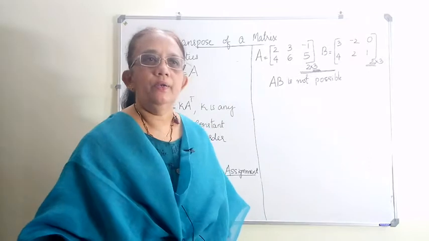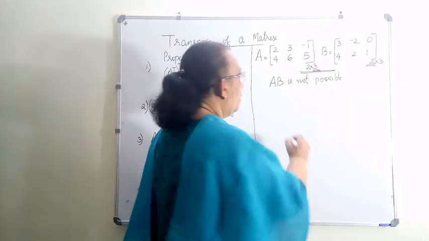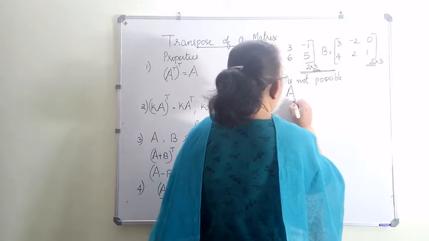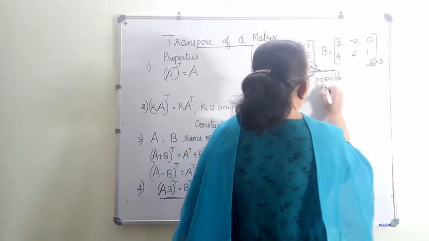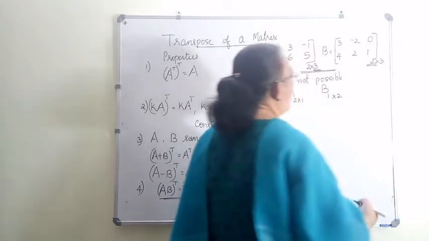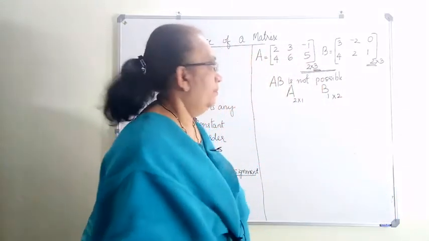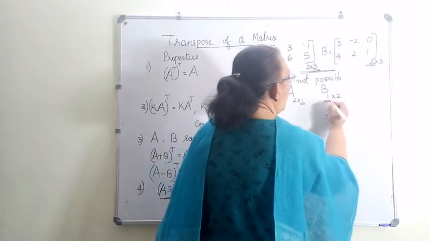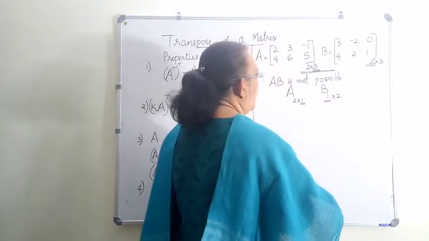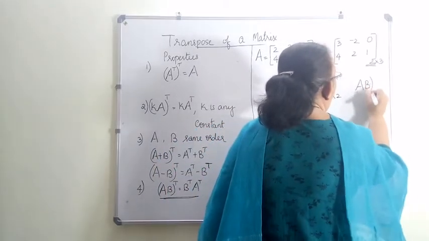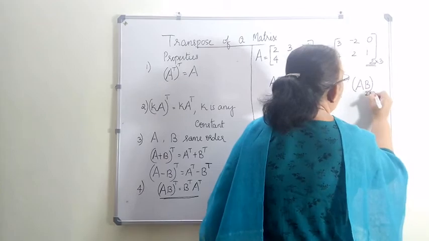What is the condition to find AB? Number of columns of the first matrix should be equal to number of rows of the second matrix. So, what will be the order of AB? AB will be of order 2 by 2.